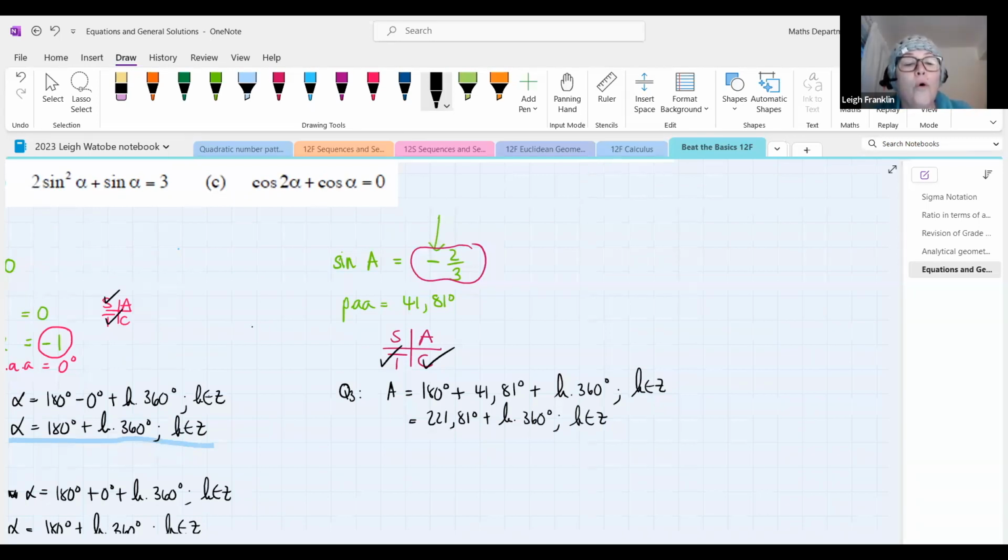Or you would have to work in quadrant 4, where you would say your angle A is equal to 360 minus 41,81 plus k times 360.